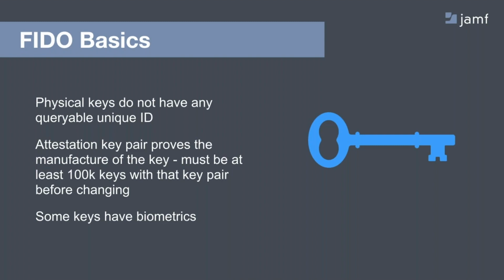All right. Some keys have biometrics. Those are some of the newer ones. I have one here with me that's a biometric key that we're going to be using for the demos. But most of them, I think all of them, have to have something called user presence. If you've seen these on the YubiKeys, which are probably the ones you've run across so far, there's a little disc that you have to touch that proves that there's actually a human holding or interacting with the device.